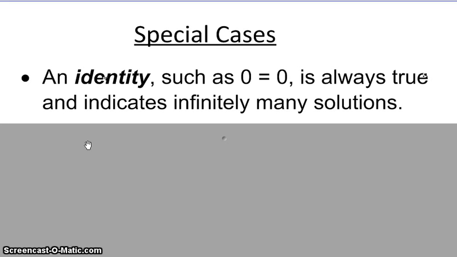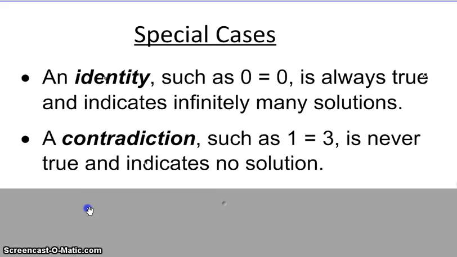If that constant term is equal to itself, then I have an identity, and that indicates that my equation has infinitely many solutions. Or in step number 4, I have a contradiction, which is a statement like 1 equals 3, negative 2 equals 9, a statement that is never true, which indicates no solution.